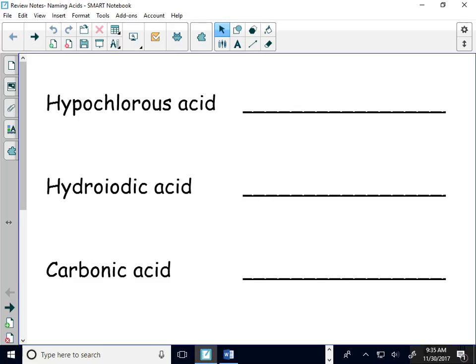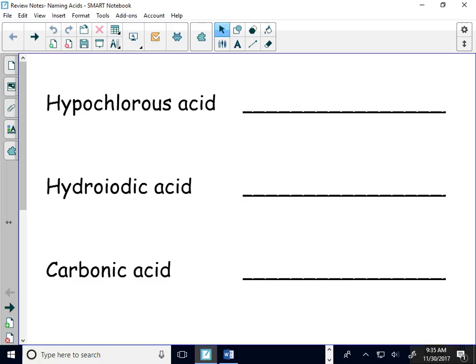Rule number 2 tells you that there's an ITE ending, right? Then you just take the base of the word and add OUS plus the word acid. Rule number 3 tells you that there's an ATE ending, right? ATE ending means that you take the base, add IC, and then put the word acid.